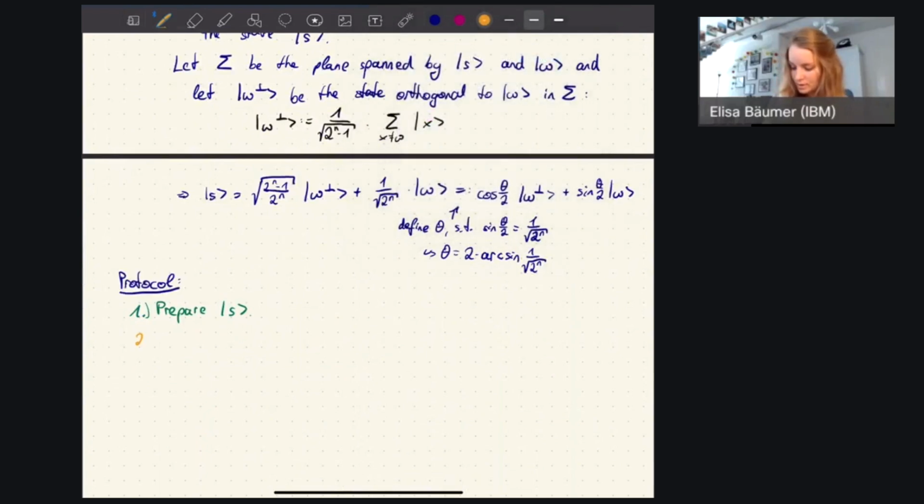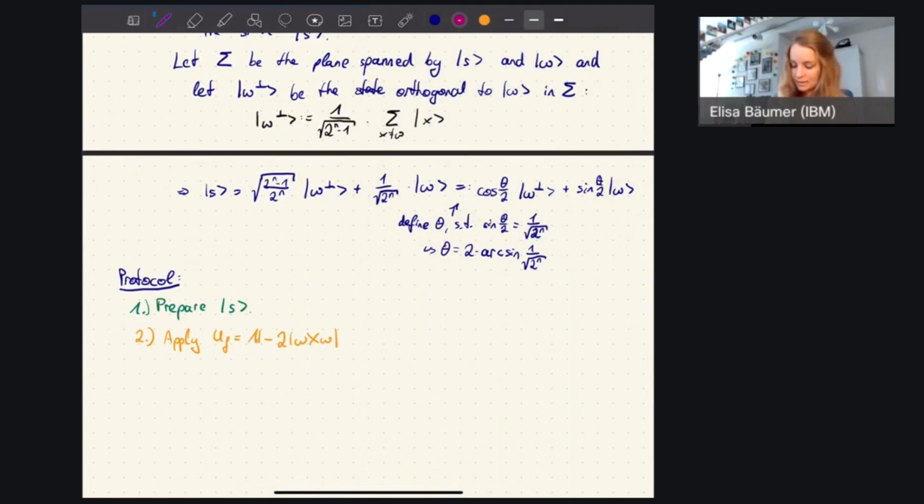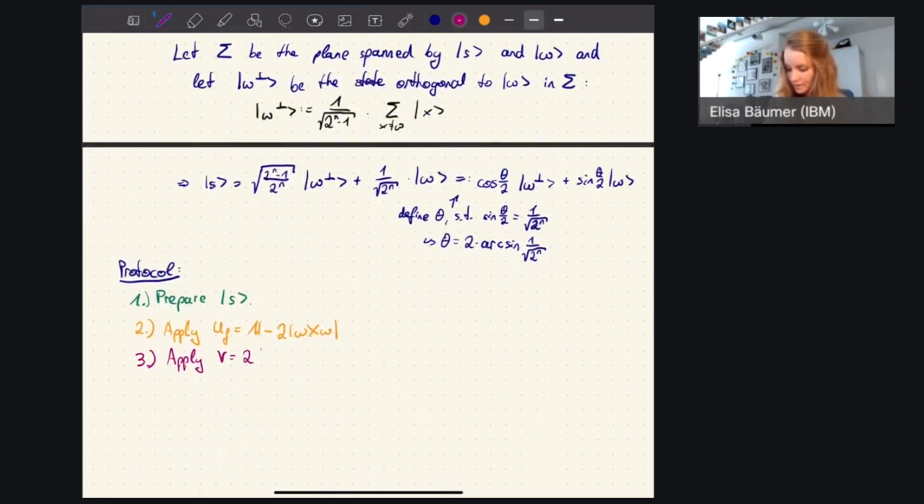Then the second step is we apply the unitary U_F, the phase oracle, which is identity minus 2 times the projector onto W. And then in a third step, we apply V, which we said can be rewritten as 2 times the projector onto S minus identity.